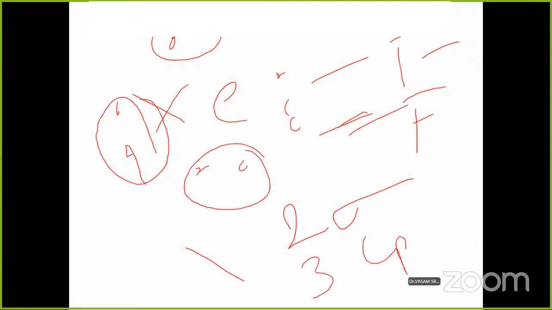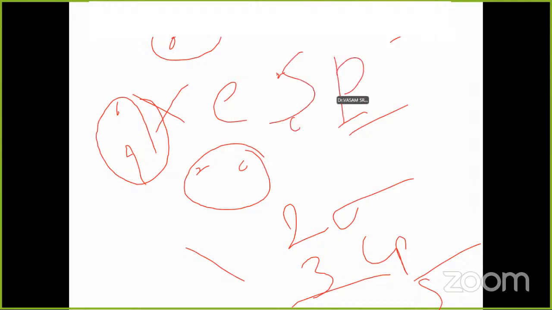So 3 plus 2, 5. 5 means the hybridization is sp3d.